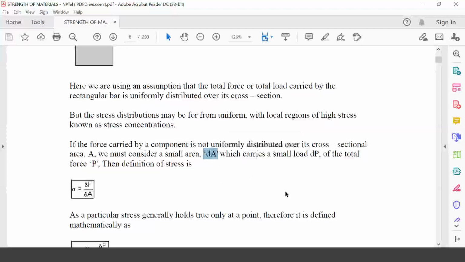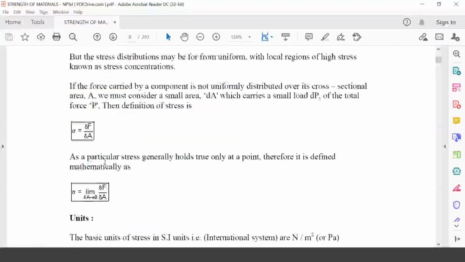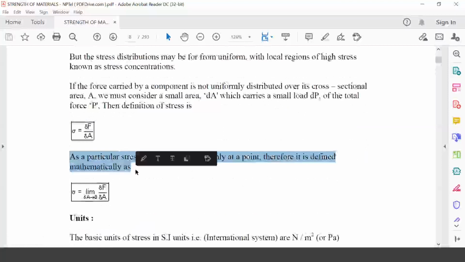Is it okay? Is it clear? So that is why we derive this expression.